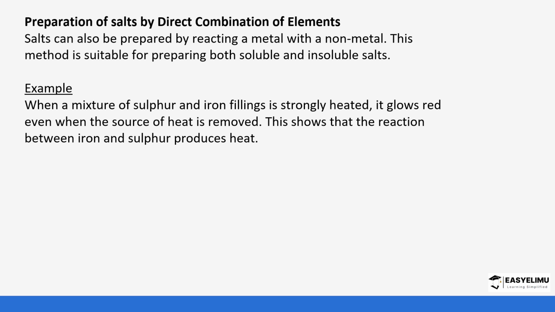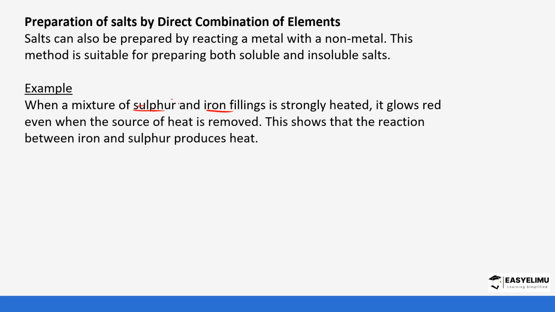For example, when a mixture of sulfur and iron filings is strongly heated, it glows red even when the source of heat is removed. This shows that the reaction between iron and sulfur produces heat. So we have iron and sulfur. You can see sulfur in this case is the non-metal and iron is the metal.